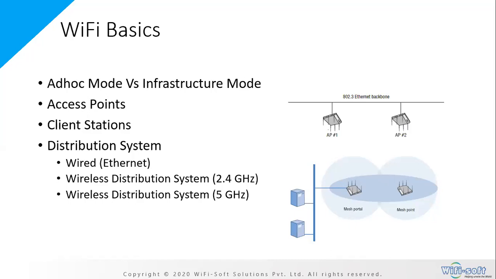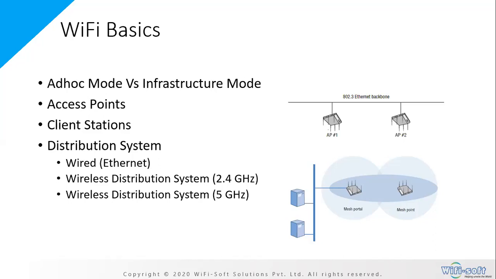Now, what I've shown on the right hand side are 2 ways in which these routers can be connected. The easiest and simplest method is putting the Wi-Fi router on an Ethernet backbone, right? That's what everyone is aware of, that your Wi-Fi router can connect to Ethernet, and it becomes a part of the Ethernet backbone.